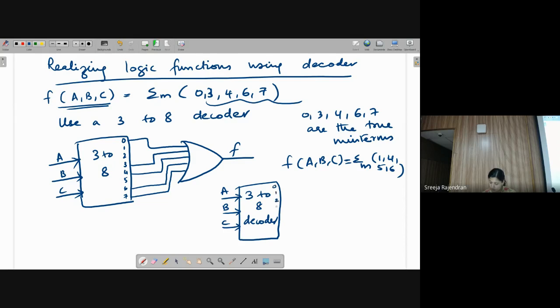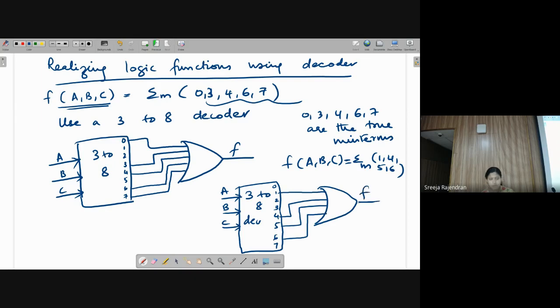Zero, 1, 2, 3. One, 4, that gives me the function. So this is the basic implementation.